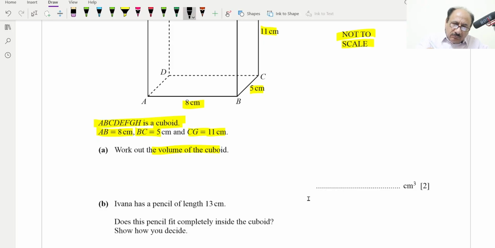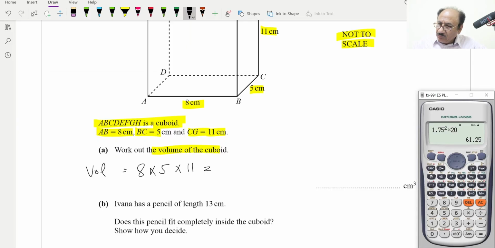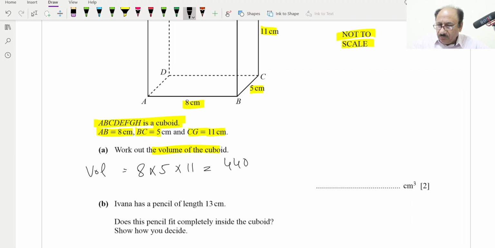So we can multiply 8 by 5 by 11, which we can check with the calculator. So 8 multiplied by 5 multiplied by 11 is equal to 440. So our answer will be 440 centimeter cubed.